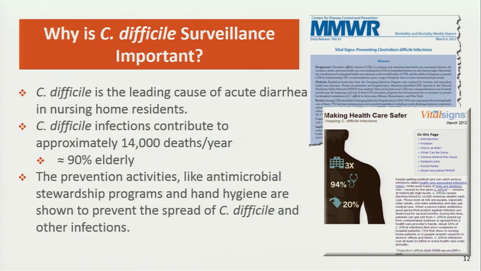These numbers were taken in 2012. It would be really interesting to see what the numbers are now. We do not have access to that data, and we're hoping that as more users come on board with NHSN, we will have that data. But I think even in 2012, this was significant.